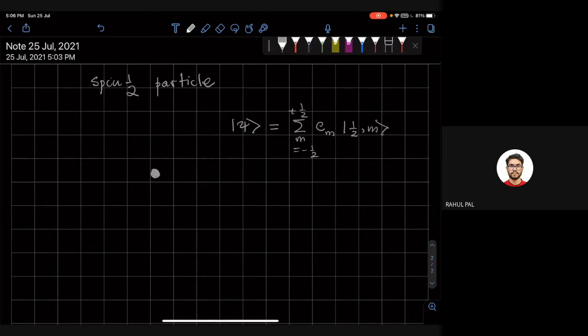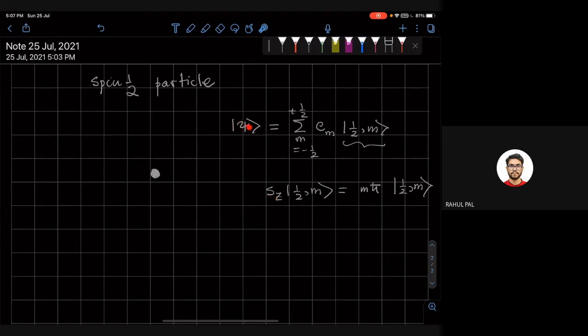Here, by this I mean that if S_z were to act on |1/2, m>, it would give us m h-bar times |1/2, m>, okay? So this state doesn't have to be an eigenstate of this.